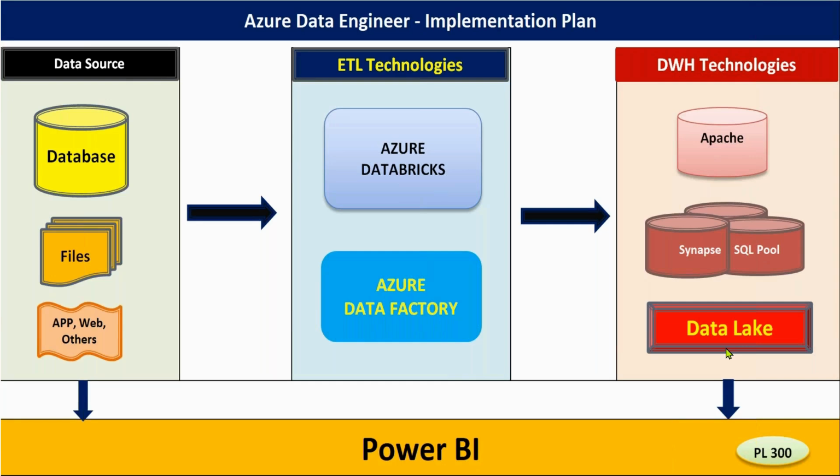So three backend warehouse environments, big data we call it, and two cloud computing environments, ETL technologies, because both are powered by Spark clusters, we call it a cloud computing environment. So ETL with cloud computing, data warehouse with big data. That is what data engineer means.